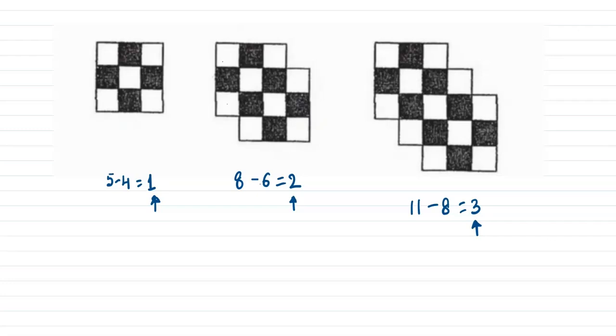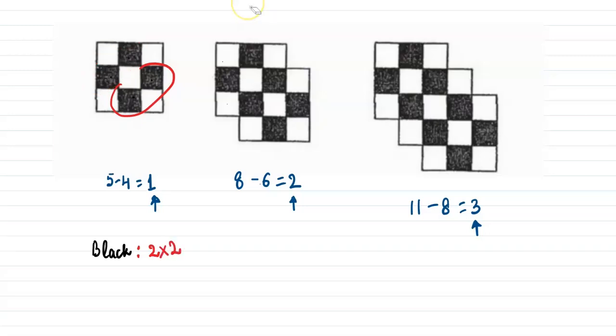So in the first figure, if you see the black squares, we can see it is 2 groups of 2. Like this is forming the first group and this is forming the second group. So the black squares is equal to 2 groups of 2.